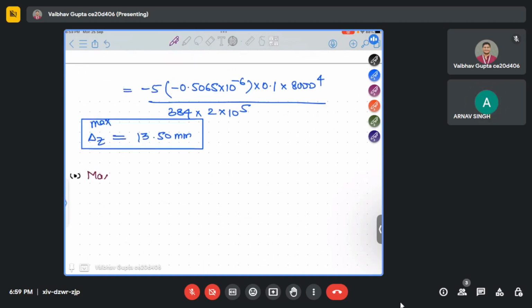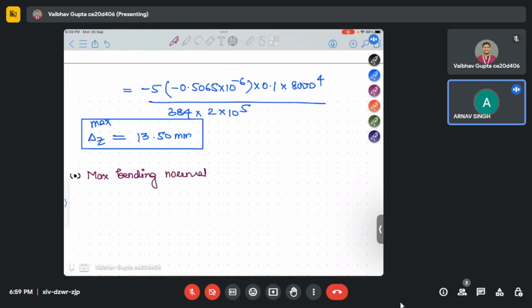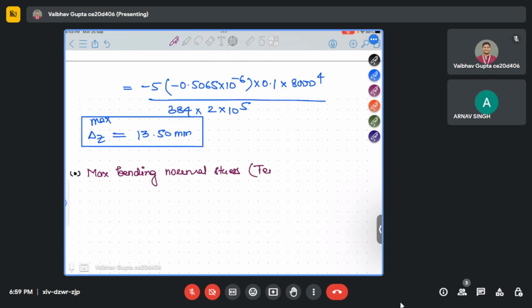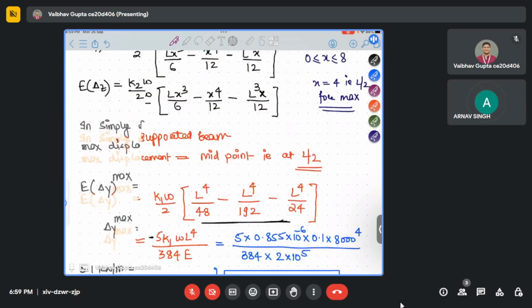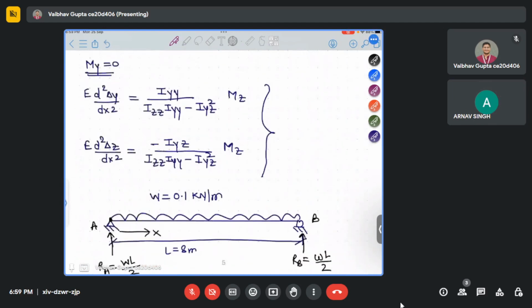What is the maximum bending normal stress, tension? I'll just copy paste the figure to let you understand this.